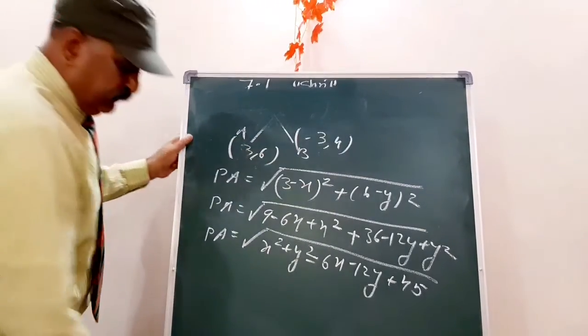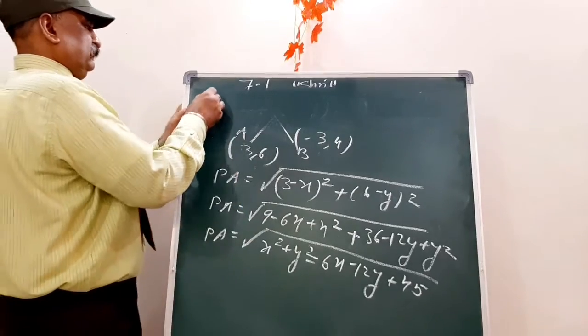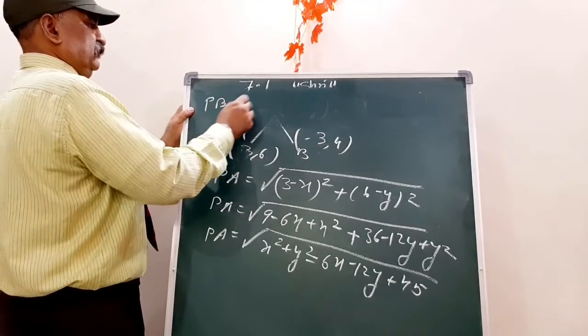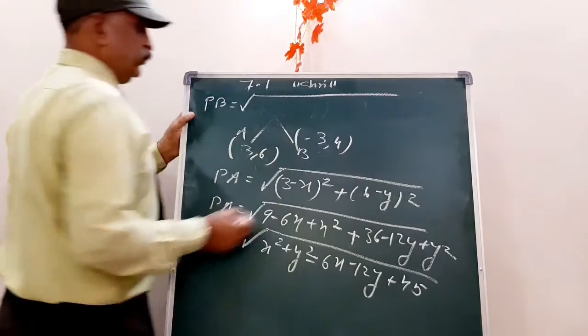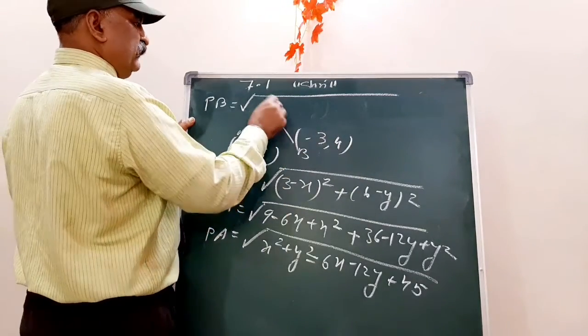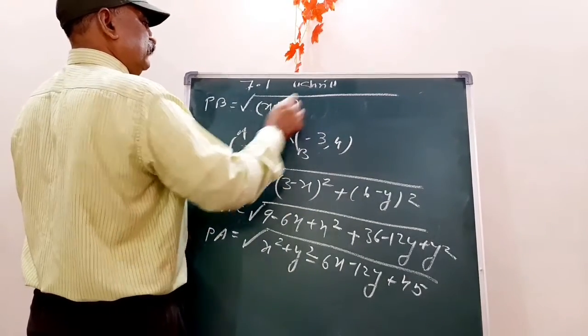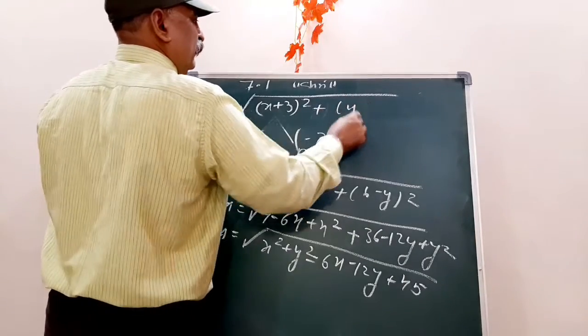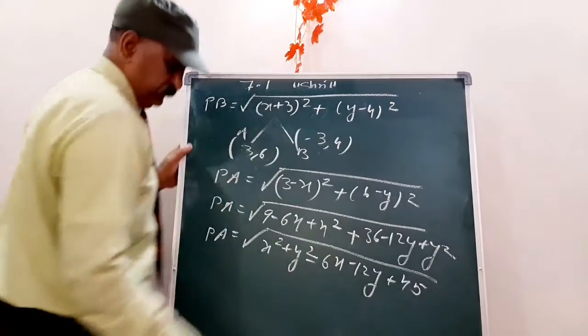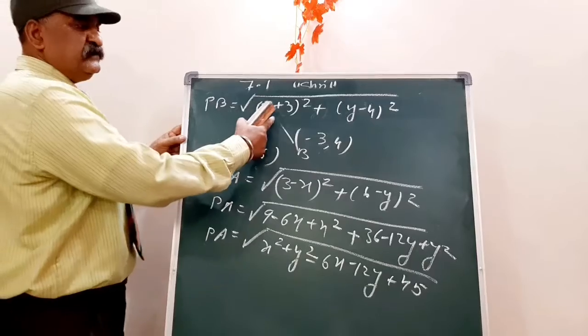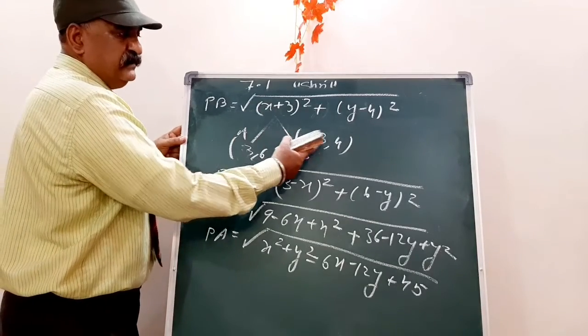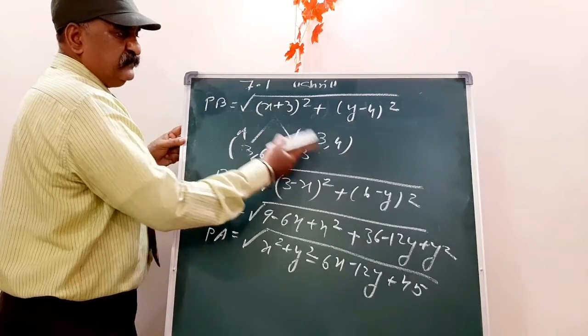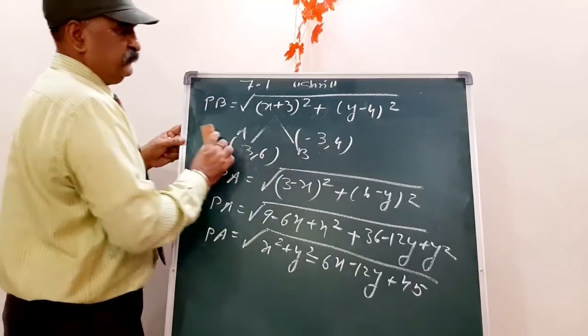Now you have to find PB. So PB will be under root (x plus 3) whole square plus (y minus 4) whole square. Because the point P is (x, y) and the other point is (minus 3, 4), so it becomes plus and it becomes minus.